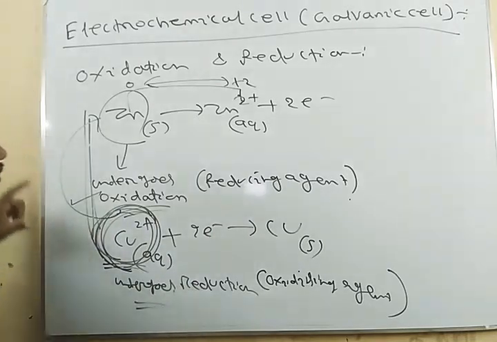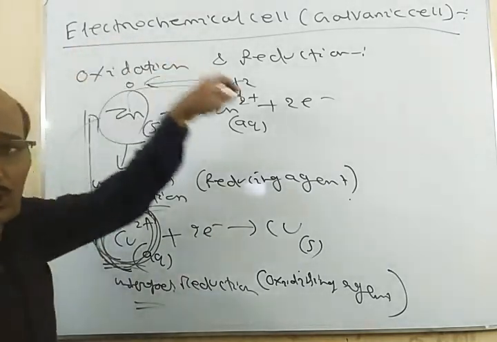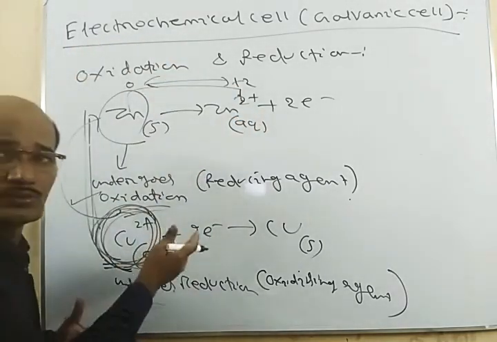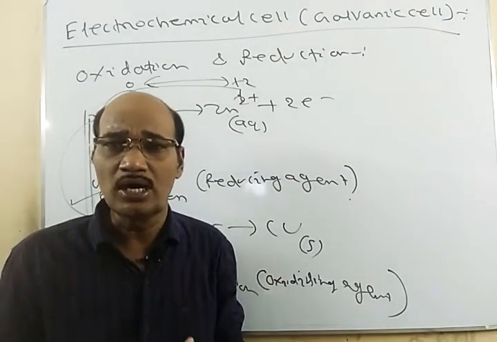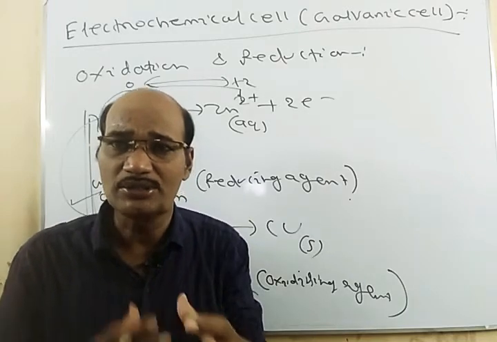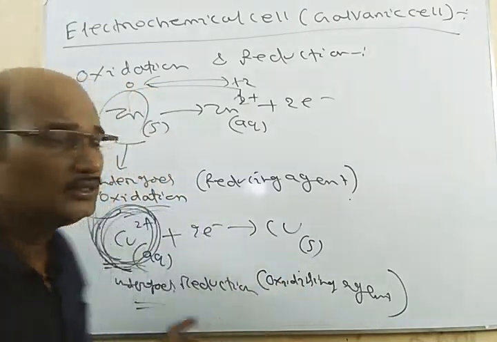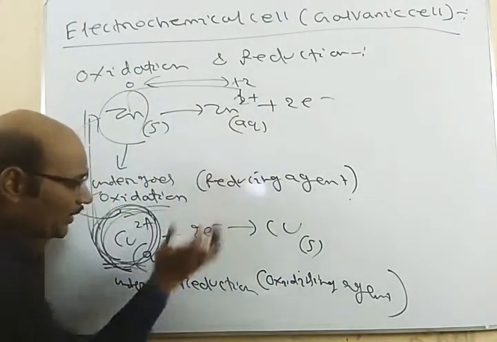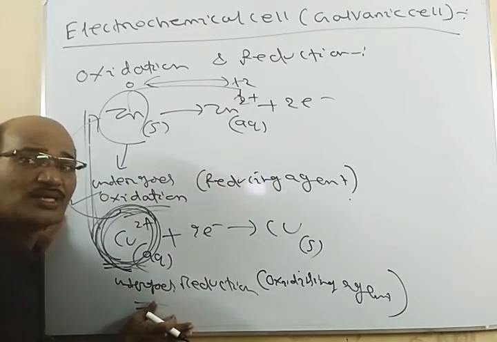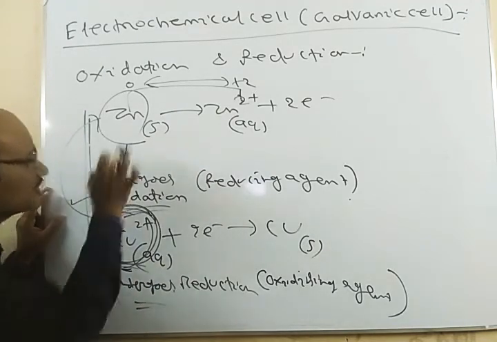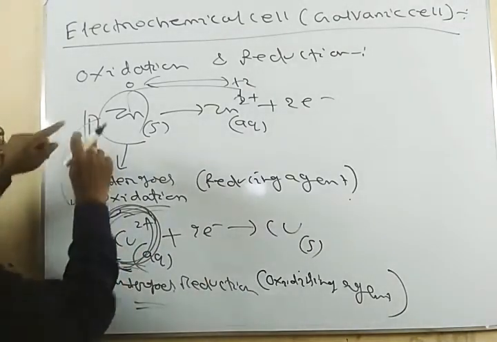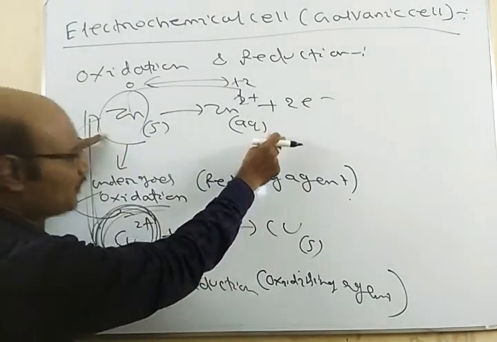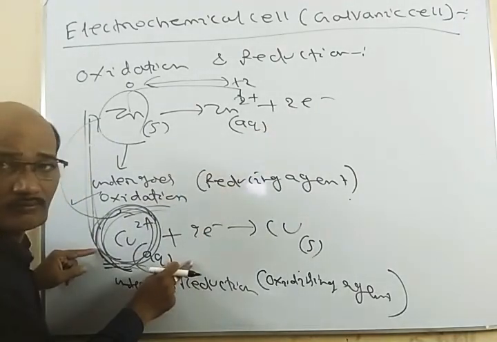That means one is giving the electron and the other is taking the electron. And the processes of giving and taking electrons take place simultaneously. That means oxidation and reduction will take place simultaneously. Neither oxidation nor reduction will take place independently, because if one gives the electron, there must be something that can take it.